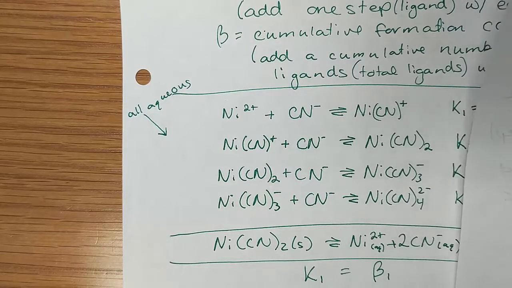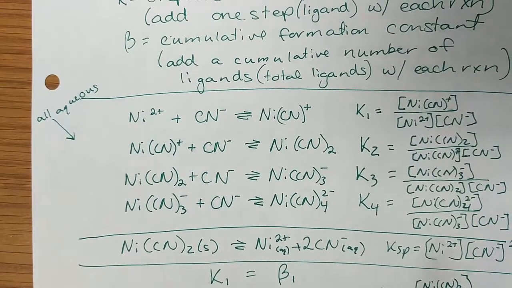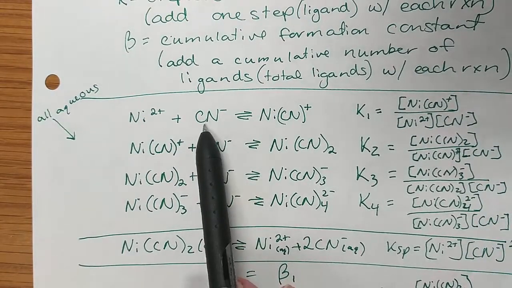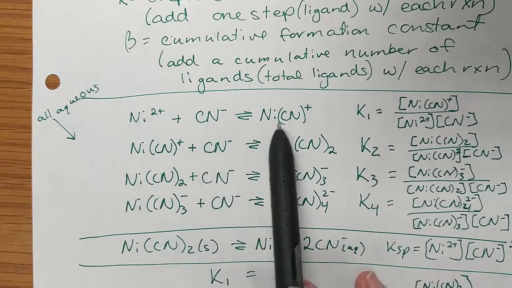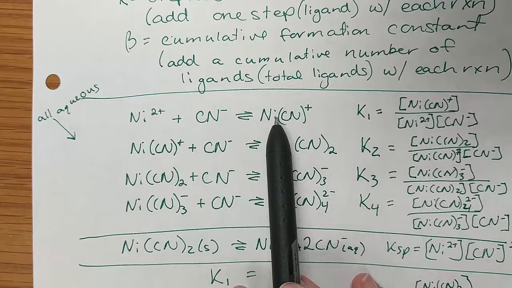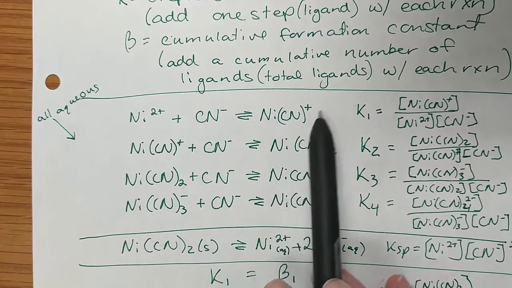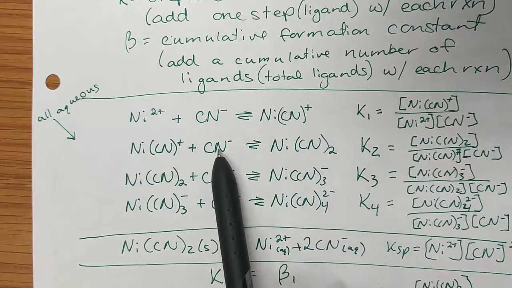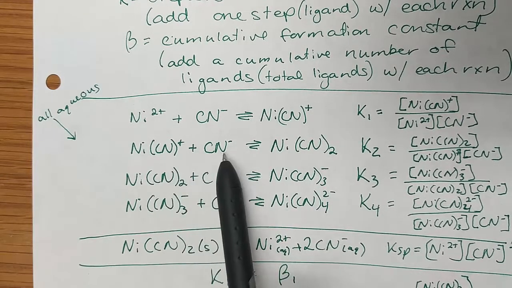So each of these reactions is going to be a K, meaning I added one cyanide here, I added one cyanide here, I added one cyanide here, and each time I'm taking whatever my product was, and I'm saying, hey, if this exists in solution, it's 1 plus charged. So if there are still cyanides remaining in solution, odds are this 1 plus is going to find a cyanide in solution and bond with it.